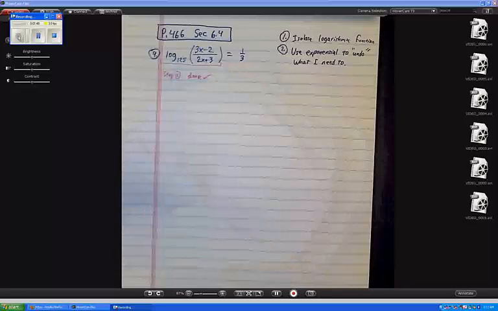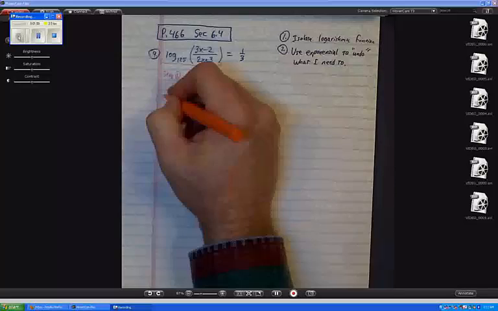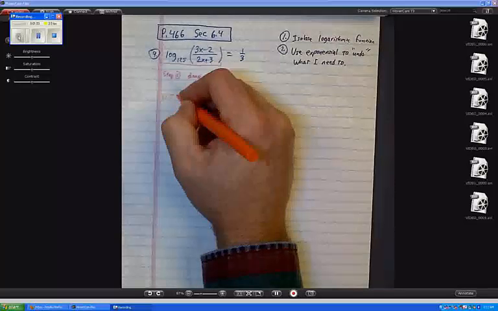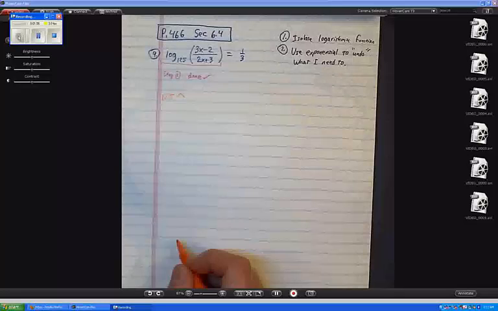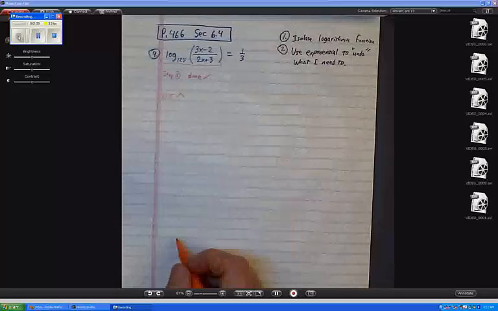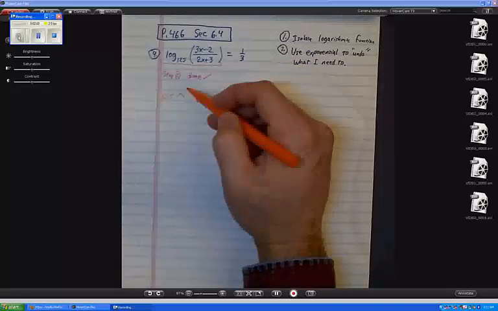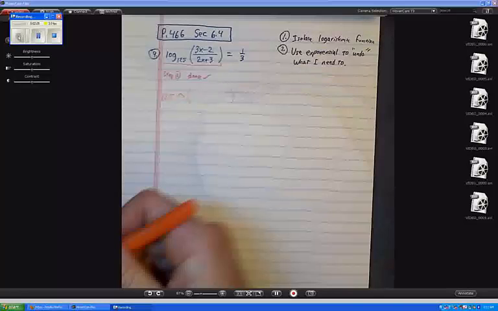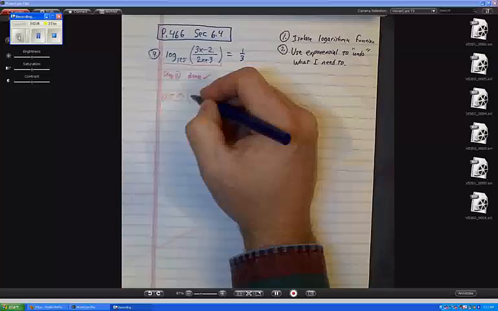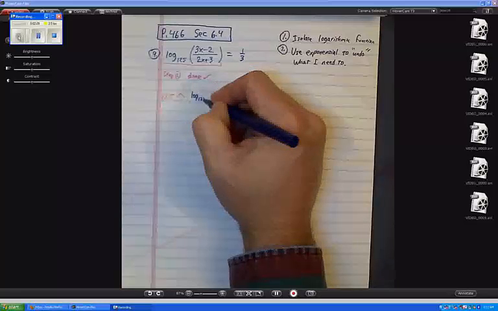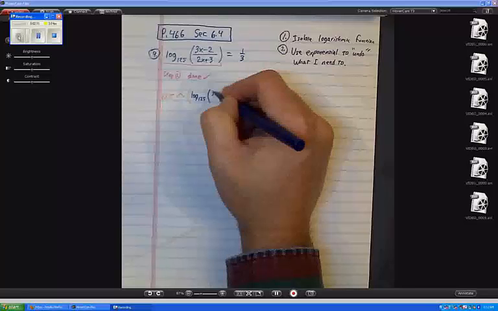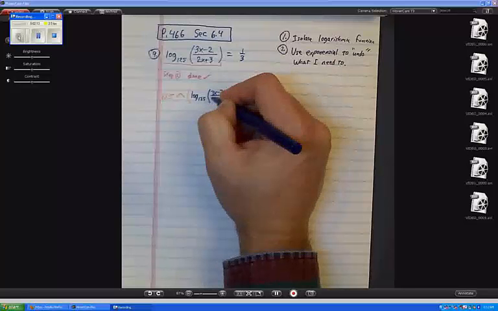I can take 125. Do you know what this means? If I write that symbol? To the is a nice way to say it. It's a caret, okay? To the, well, left-hand side, log base 125 of (3x minus 2) over (2x plus 3).